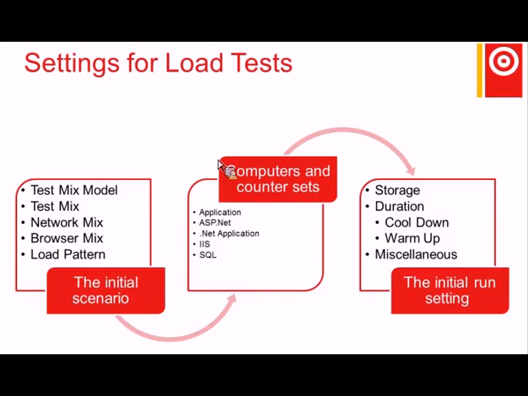If you've got a SQL server, you can specify the name of the SQL server machine and specify that you want the SQL server counters, so that will get all the perfmon counters off that machine to do with SQL server. If you have an IIS machine or an ASP.NET machine, you put in the name of that machine and specify that you want all the counters for that particular type. You can pretty much get any perfmon counters that are available, including bespoke ones.